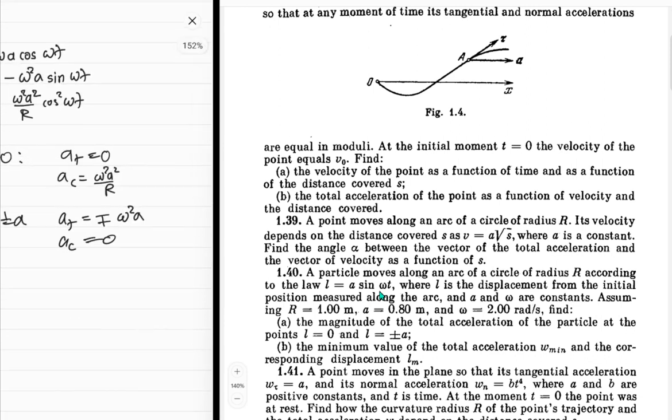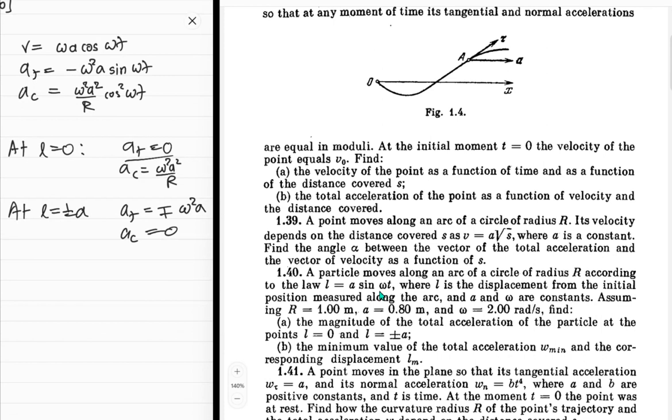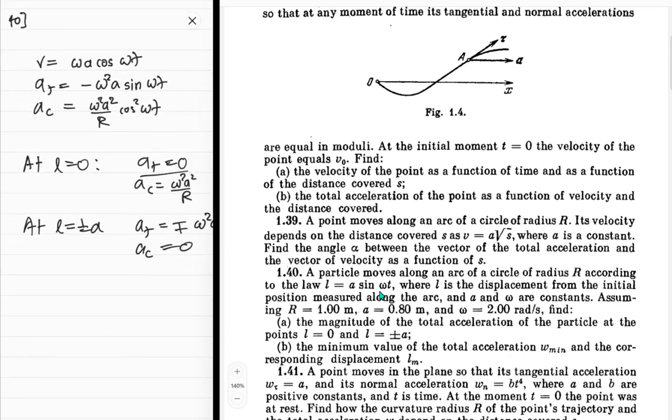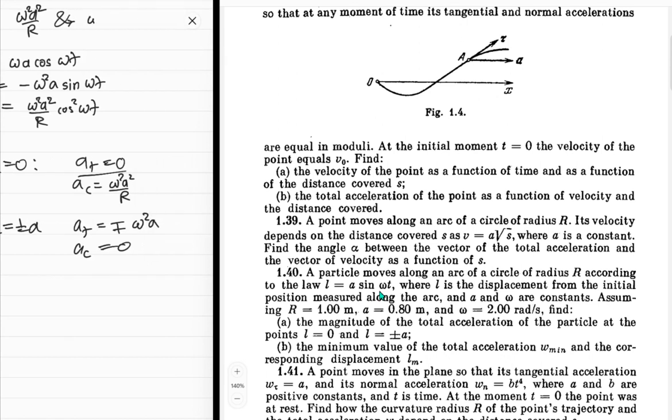You just want the magnitude, so it's just in one direction. So the total acceleration is omega squared A squared upon r at L equal to 0, and omega squared A at L equal to plus minus A. That's our magnitude of accelerations.